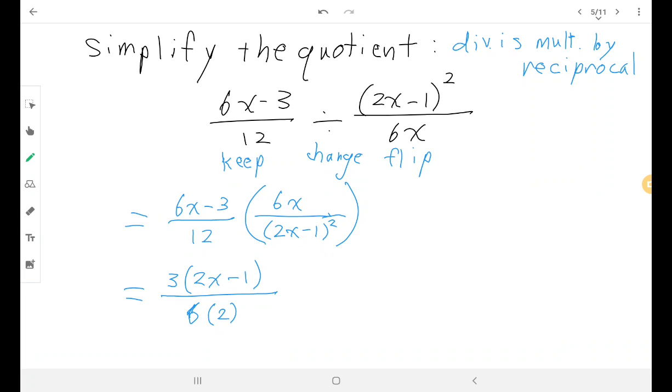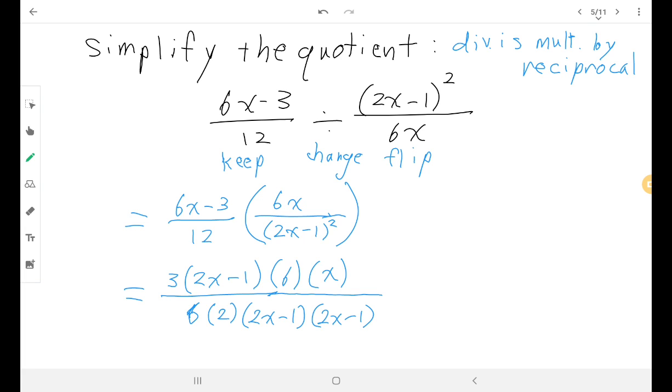So we're going to do that, and let's just keep going top times top, bottom times bottom, so we can turn it all into one big fraction. So times 6 times x, I'm just pulling those apart to illustrate the canceling of the 6 more than anything else. And then at the bottom, 2x minus 1 all squared means 2x minus 1 times another 2x minus 1.